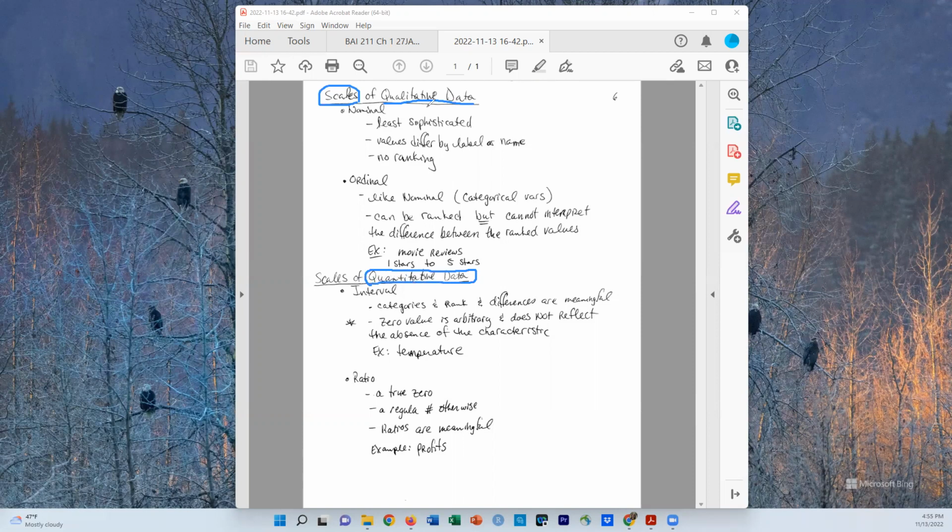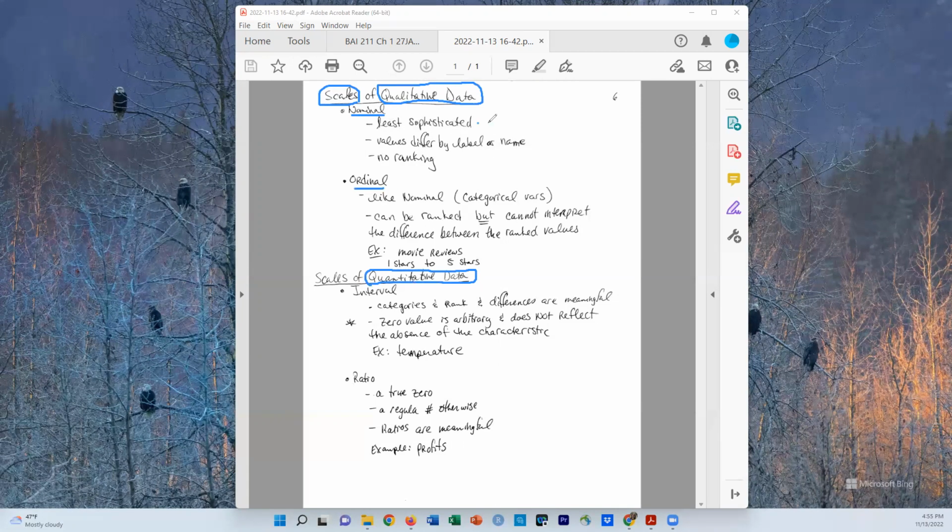So within these categories is another way to describe the data and in some sense understand subtypes, and that's based on scales. So for qualitative data, we have two kinds of scales. We have what are called nominal qualitative data and ordinal.